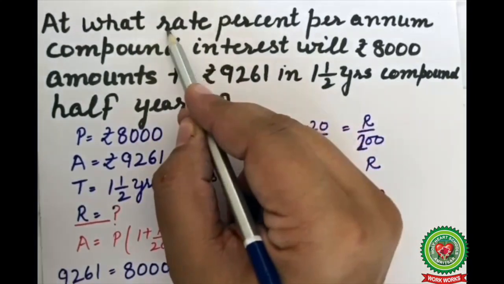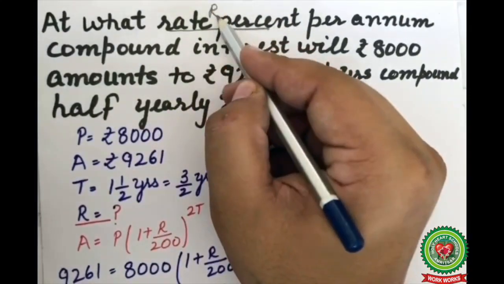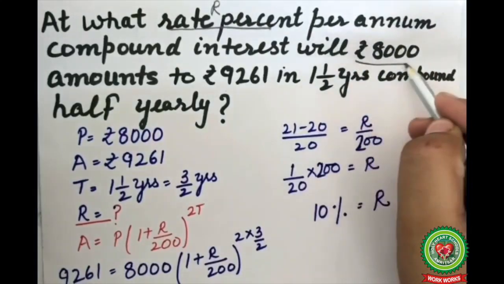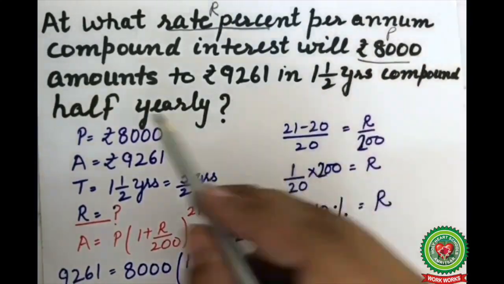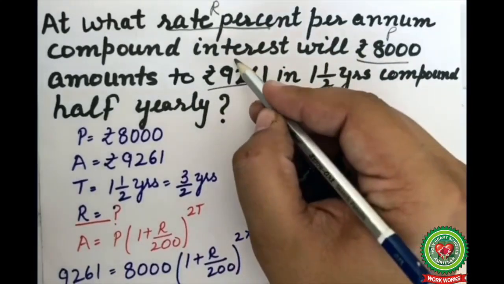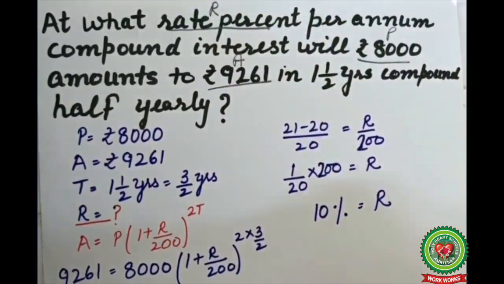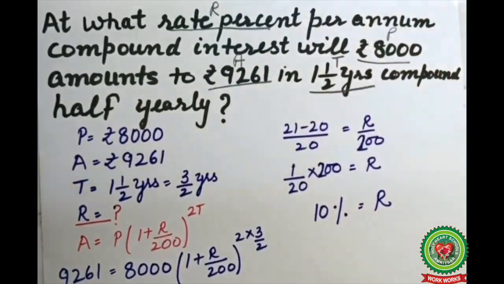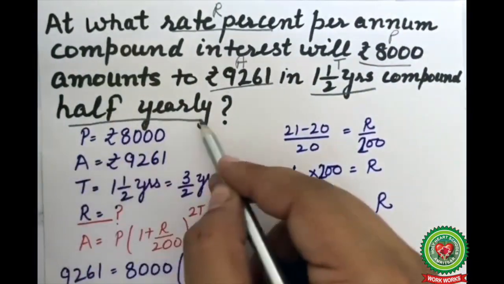At what rate percent? That means we need to find R. Will rupees 8,000, that is principal, amounts to rupees 9,261, that is the amount given to us, in 1.5 years. 1.5 years means the time period, compounded half yearly.